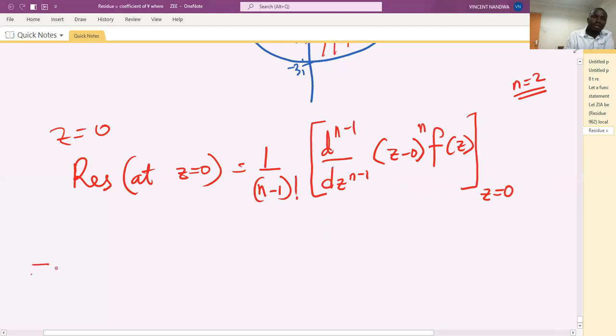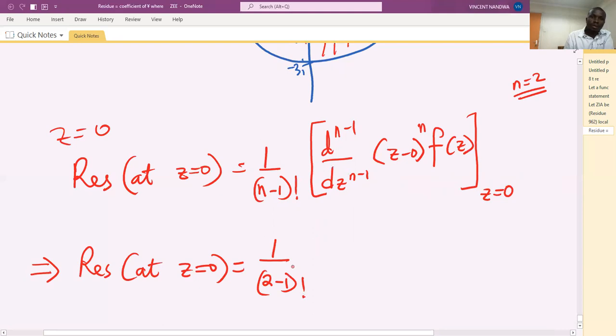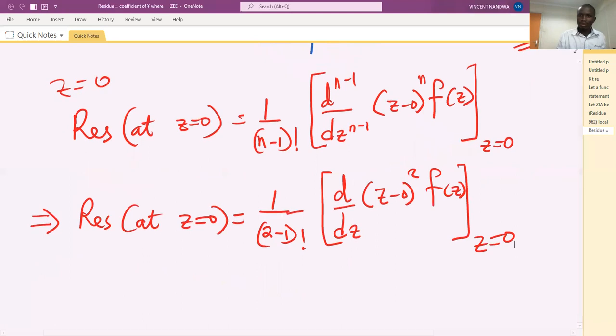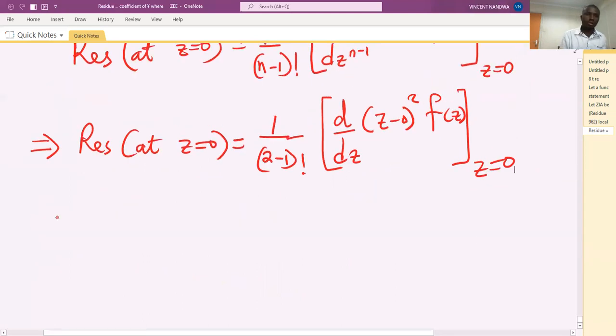So this means residue at z equals to 0 will be 1 over 2 minus 1 factorial. And then 2 minus 1 is just 1. So this will be d dz of z minus 0 power 2 times f of z. And you do the calculations at z equals to 0. So 2 minus 1 is 1, 1 factorial is 1.